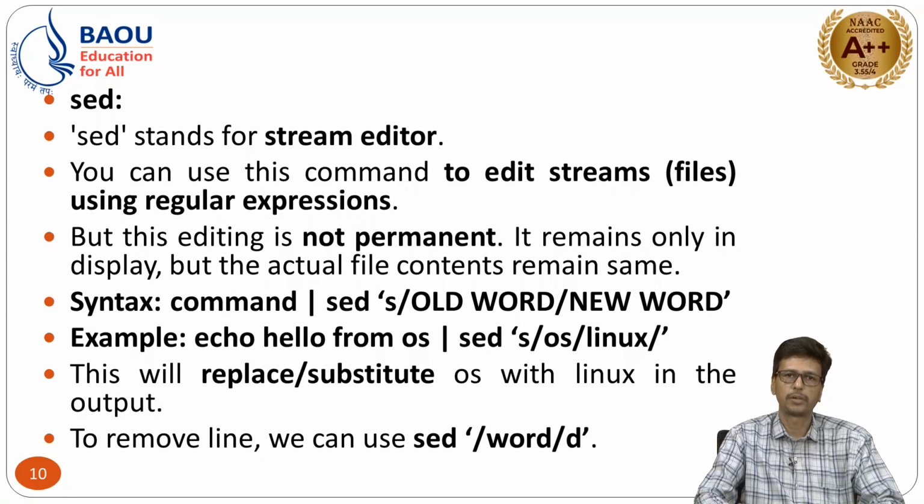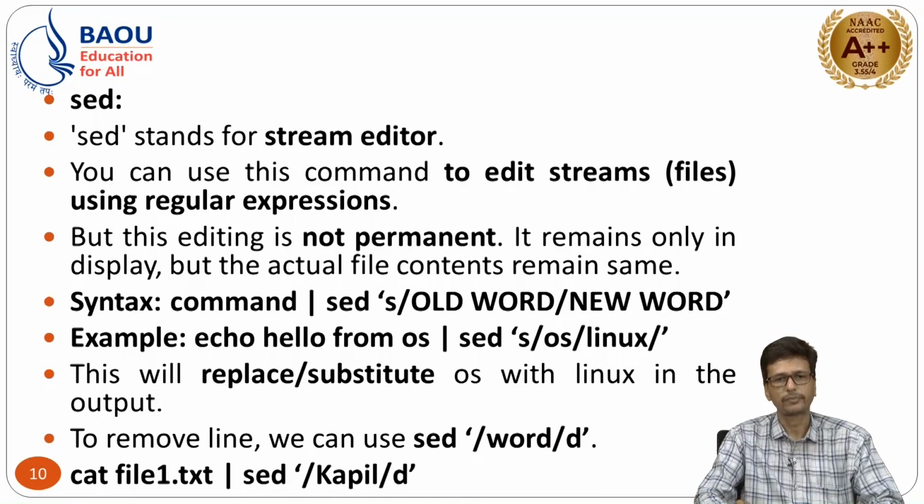In our example on the screen, say your line contains that word and you want to remove the whole line. The sed command will first search for that word, and after finding it, it will remove the whole line. If multiple lines contain that word, all those lines will be deleted after applying this command, right? So it is a very easy command, the stream editor command.